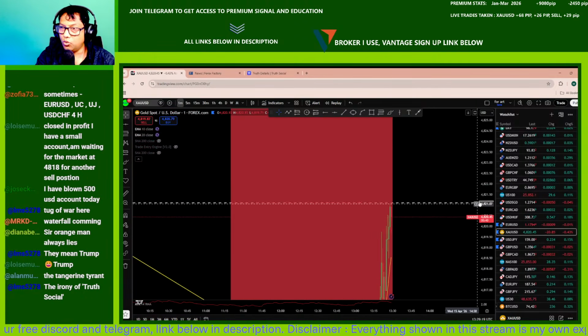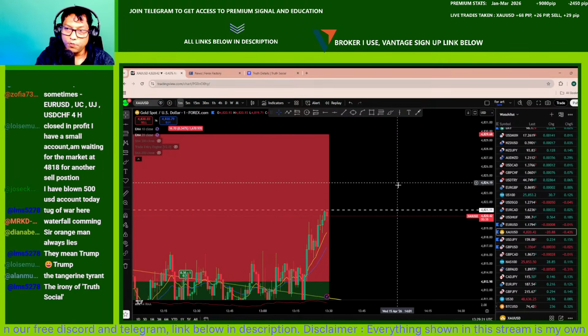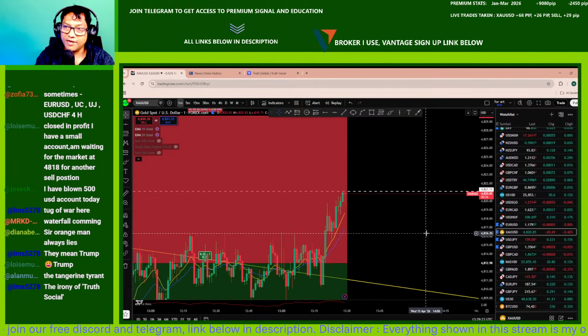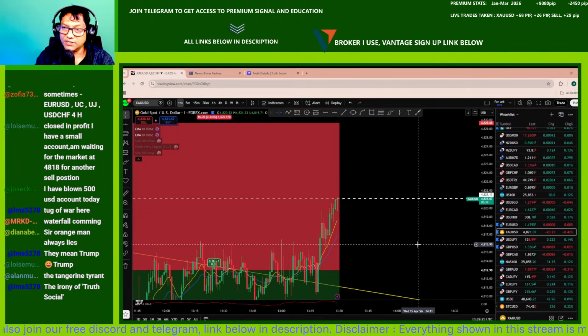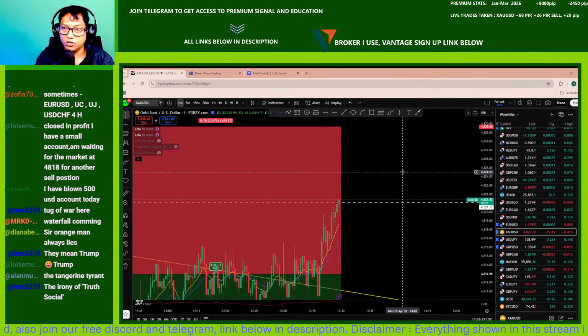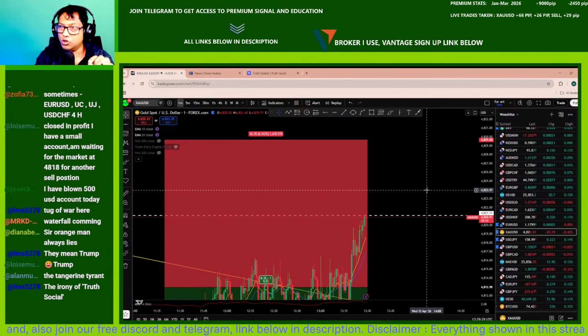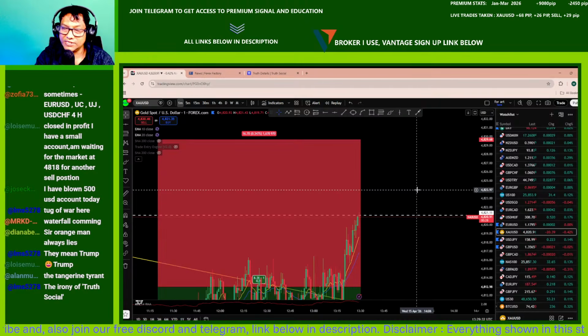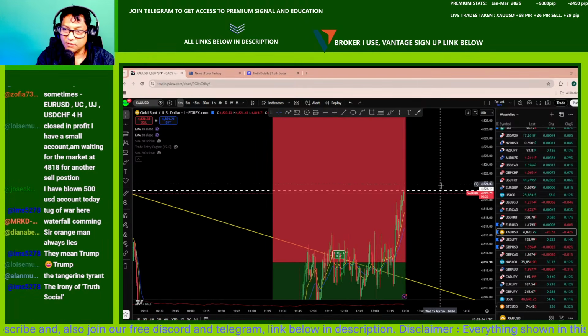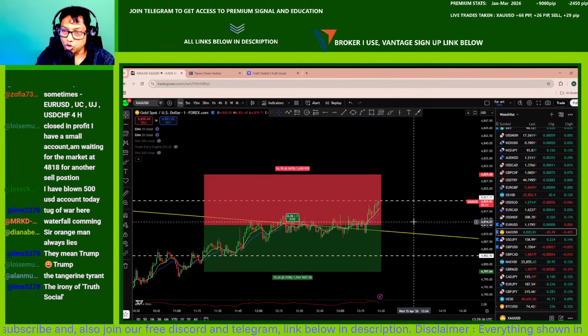Okay, so we are almost near the stop loss, but I moved the stop loss because for me there is still a higher chance for further downside. So I'm not taking the stop loss. I moved the stop loss at 4829.68, and would like to see the market drop down here.